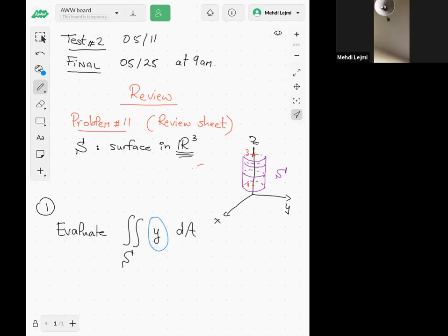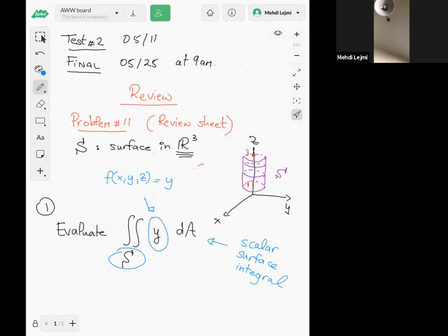It's not a vector field, right? We have this function f of x, y, z equals y. So if you see a function inside the integral, then this is a scalar surface integral. It's over surface S, so it's a surface integral, and inside the integral we have a function, so it's a scalar surface integral.